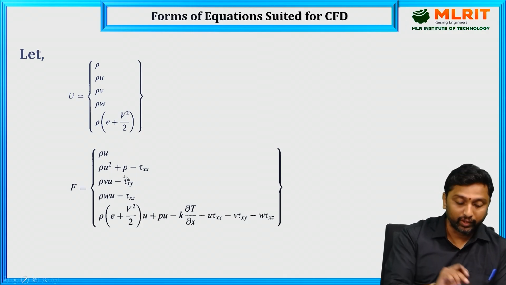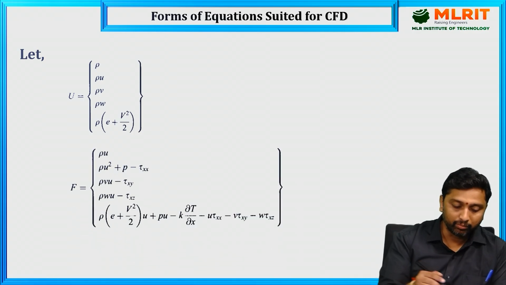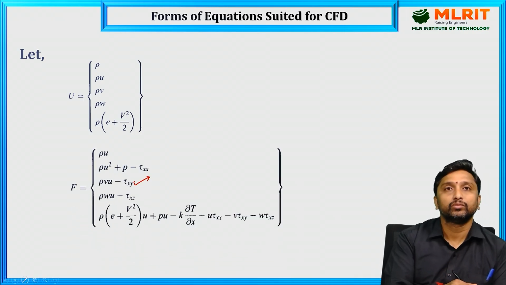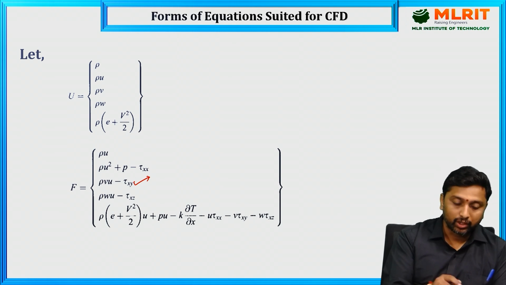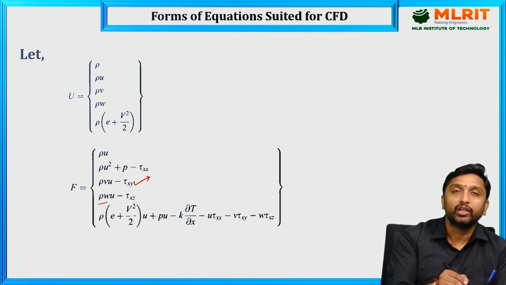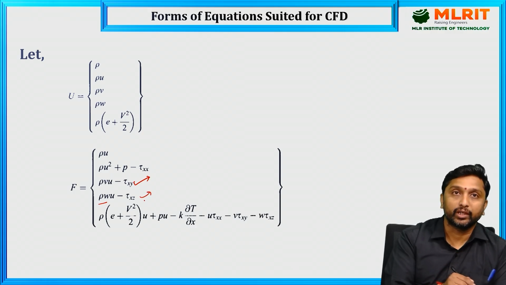Similarly for the x component, in y momentum you have rho u v, which is again a divergence term with respect to v, and tau xy. Similarly rho w u, minus tau xz, which is again the divergence term from the left hand side, and tau xz is on the right hand side. If you send it to this side, you get minus tau xz.